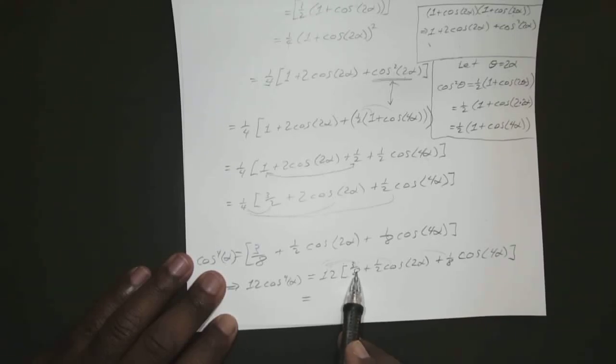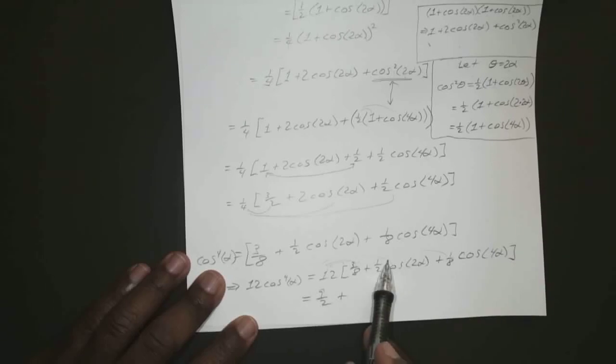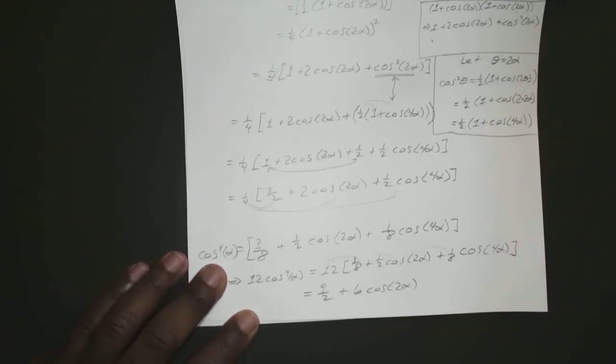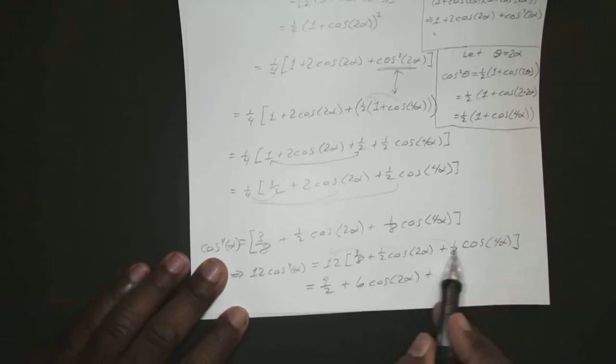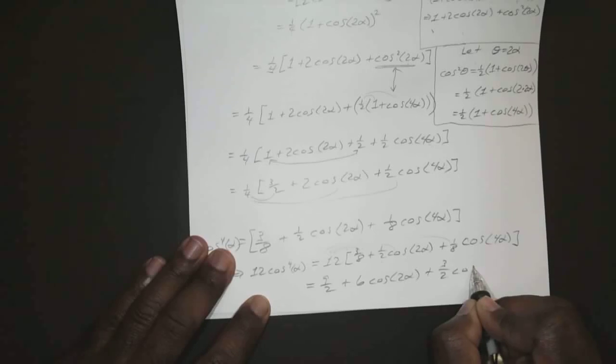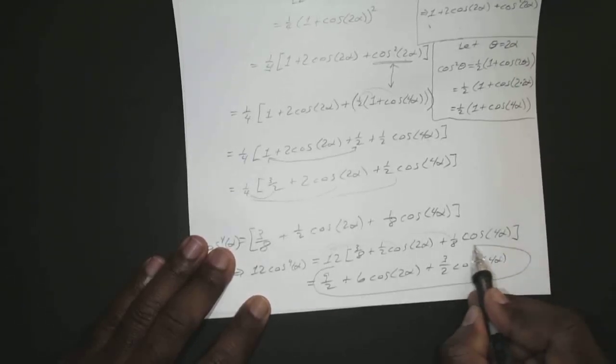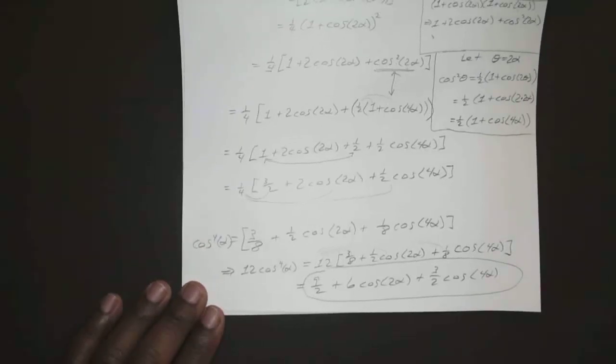Those two reduce, so you end up with 9/2 plus 12 divided by 2 is 6 cosine 2 alpha plus 12/8, which reduces to 3/2 cosine 4 alpha. Okay, so that would be your final answer.